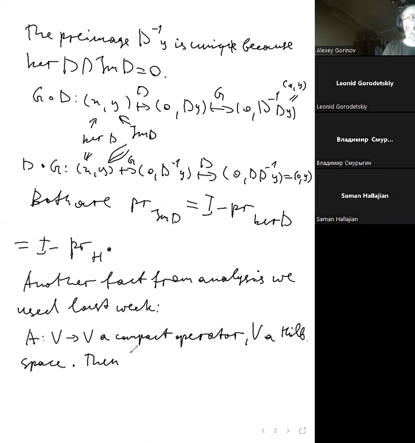Then the kernel and co-kernel of the identity plus A are finite dimensional.